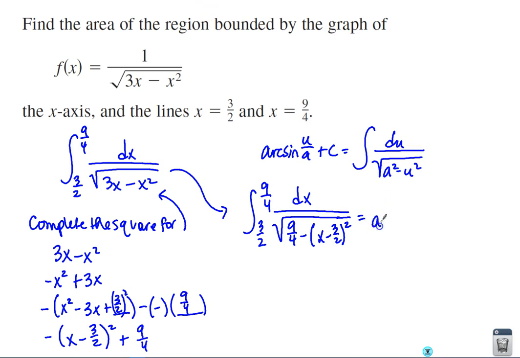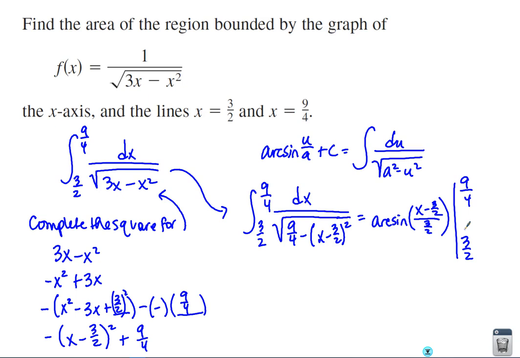This is going to be arc sine of u, which is x minus 3/2, over a, which is also 3/2. Normally I would say plus c. I don't want to say plus c because we've got bounds, 3/2 and 9/4. Okay, so I believe we're good to go here.